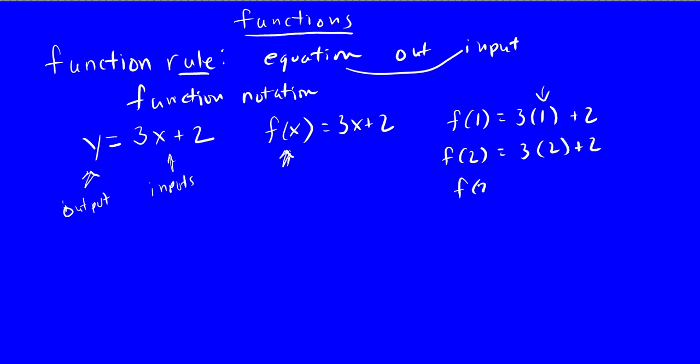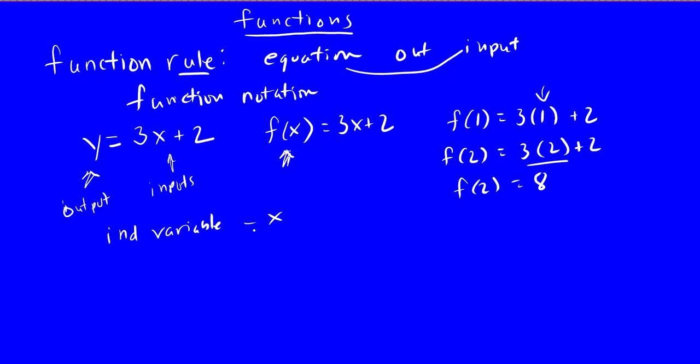So f of 2, if I evaluate that, is 6 plus 2, which is 8. So f of 2 is 8. We have a couple of things here in our function notation. We have an independent variable, x.